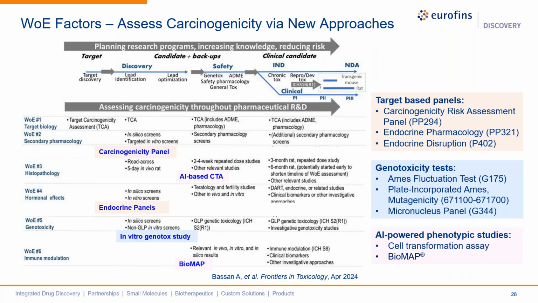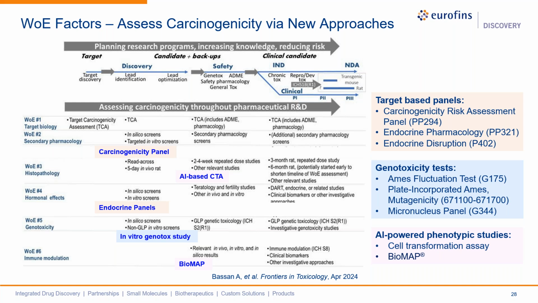Okay, this is our final slide, something like a takeaway home message. Our final slide demonstrates how these weight of evidence factors are implemented across the entire drug discovery pipeline. The timeline shows how the assessment evolves. Our key innovative approaches are included in the lead identification and optimization stage.